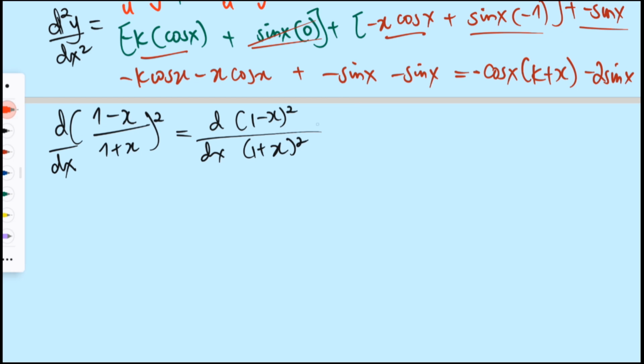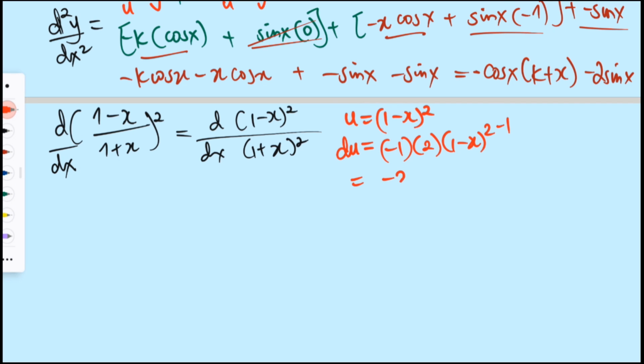So I'm going to first of all let u equal 1 minus x squared, so that u prime, or the derivative of u, let's call it du, would be equal to, using the chain rule, you first of all differentiate the middle, which is going to be negative 1. You bring down the power, you write the full term, subtract 1.